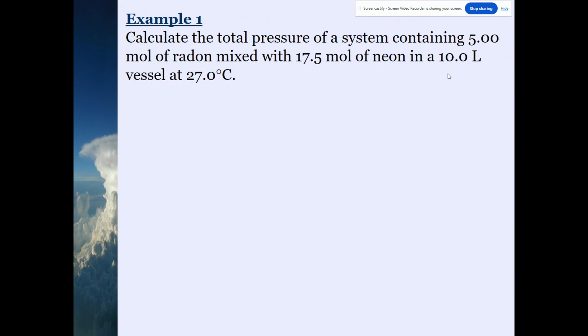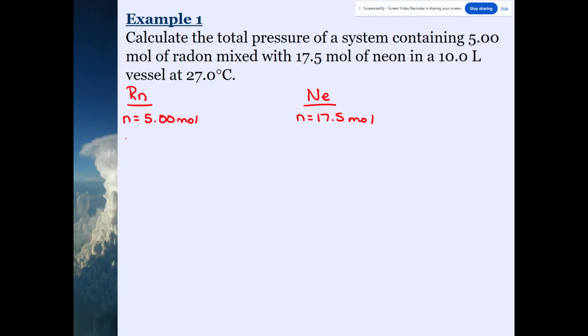I have a system containing 5 moles of radon and 17.5 moles of neon in a 10-liter reaction vessel at 27.0 degrees Celsius. So I have radon and I have neon. If I write down their information, my moles of radon is 5.00 moles. My moles of neon is 17.5 moles.